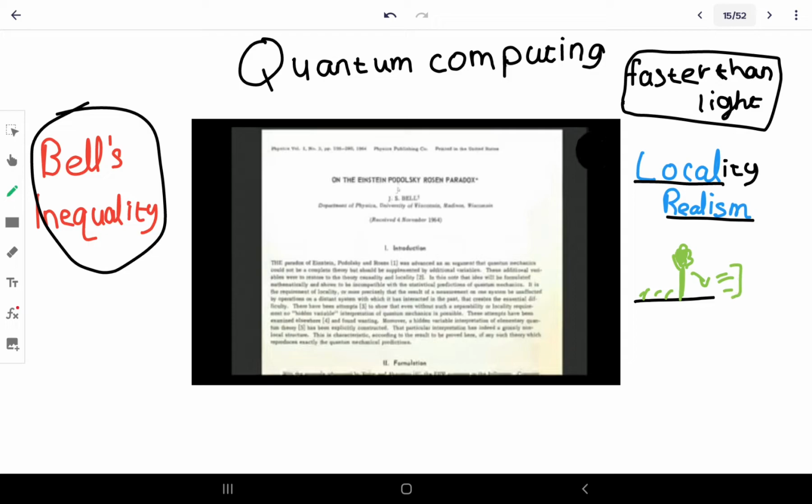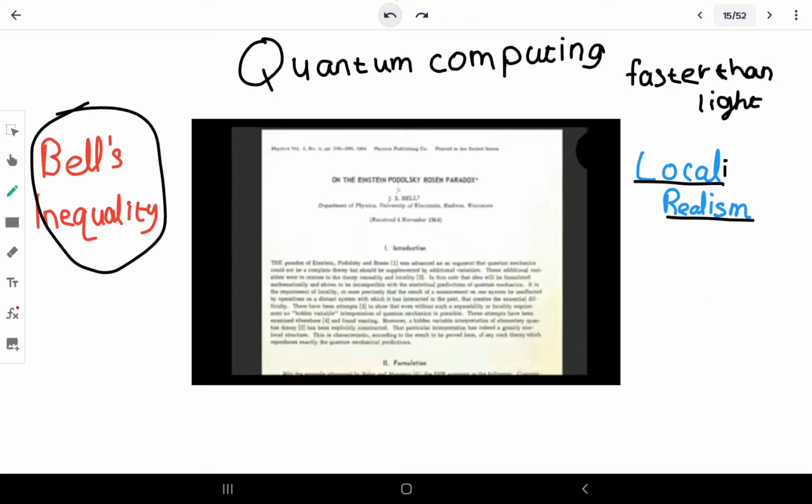So this is realism. Whether there's a human or not, it will make sound. That is the truth. So that is what local realism means. So let's get into the video.